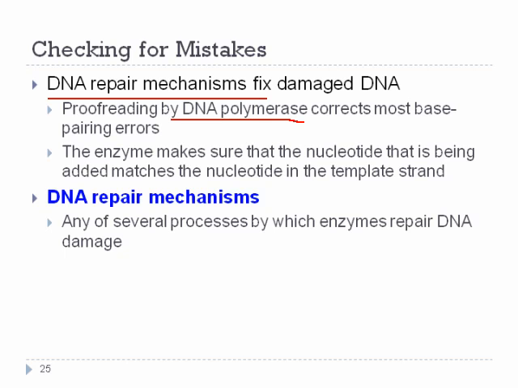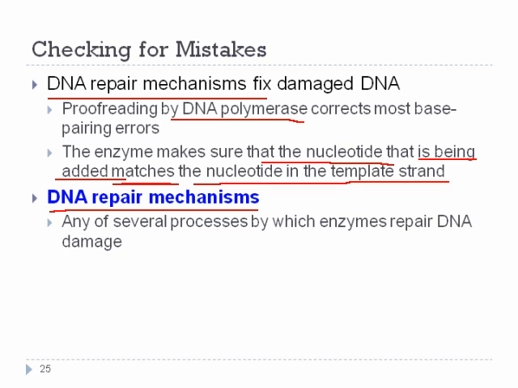It can figure out if the nucleotide that it just added doesn't have the right structure. The enzyme makes sure that the nucleotide that's being added matches the nucleotide in the template strand, and if it doesn't, it takes it out and it puts the right one in. And then there's some other DNA repair mechanisms. There are several processes that use enzymes to repair DNA damage.